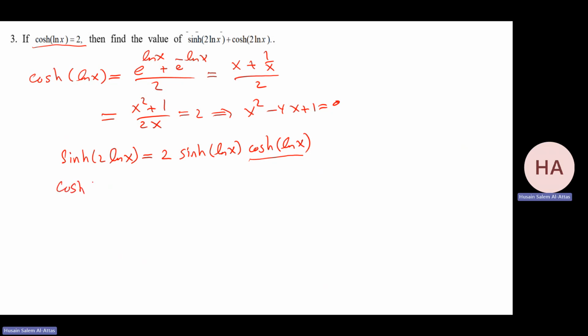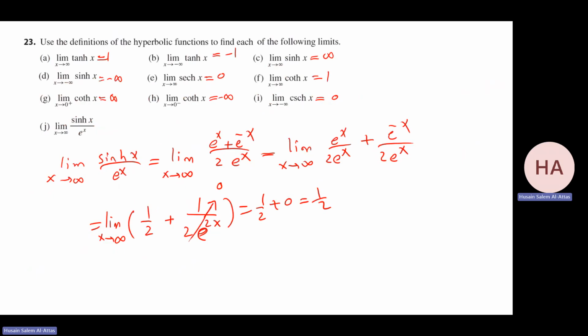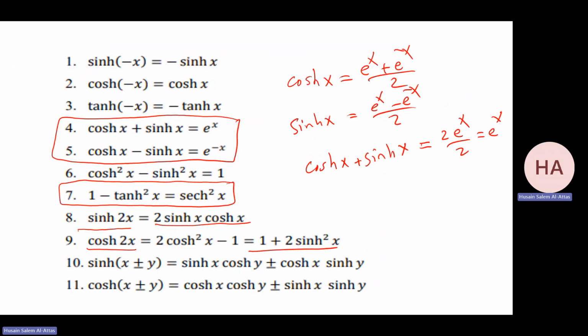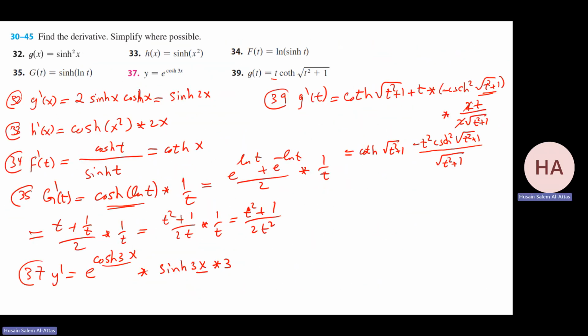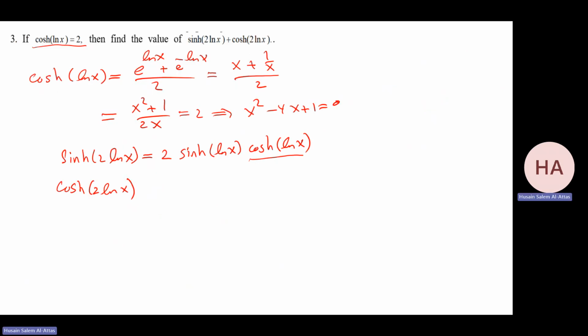Also, I have cosh of 2 ln x. I look at the formulas. I want the formula with the cosh, since I know it. That will be 2 cosh squared ln x minus 1.